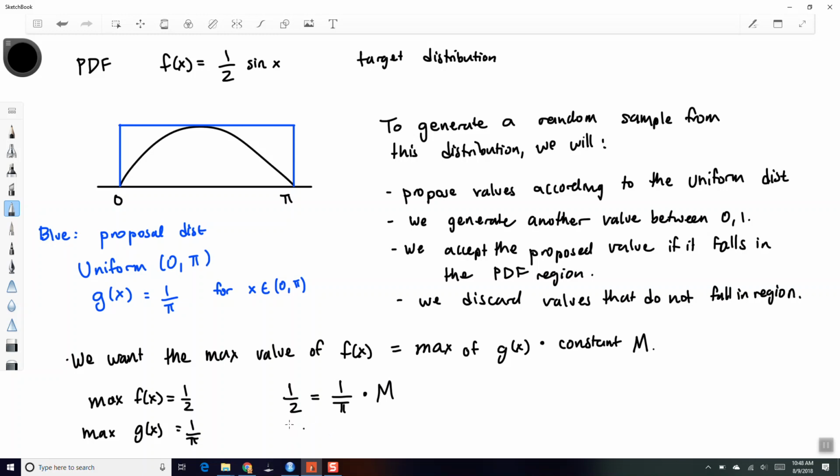Okay, just do some simple math and you get pi over 2 is equal to m. All right, is that okay? So we have pi over 2 is equal to m.